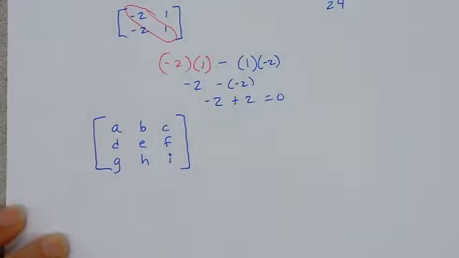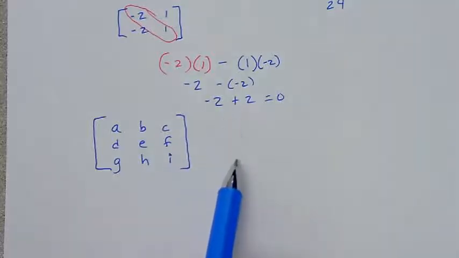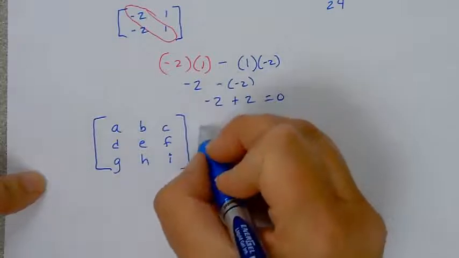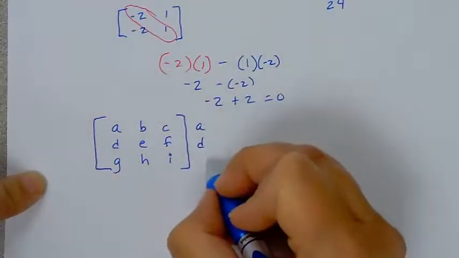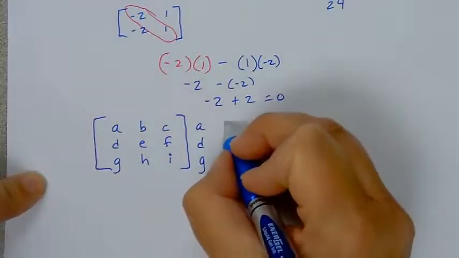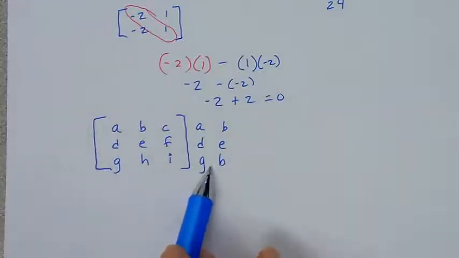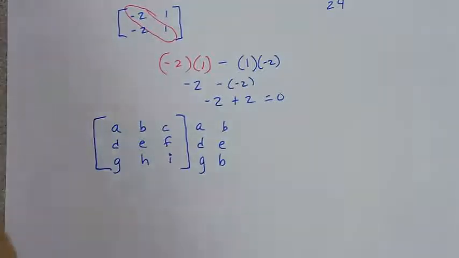So we're going to have to add a couple more columns so that all the elements get represented. I'm going to repeat the first 2 columns over to the side. All I've done is simply copy these 2 columns here. Now, whenever I multiply, I can represent all the columns.